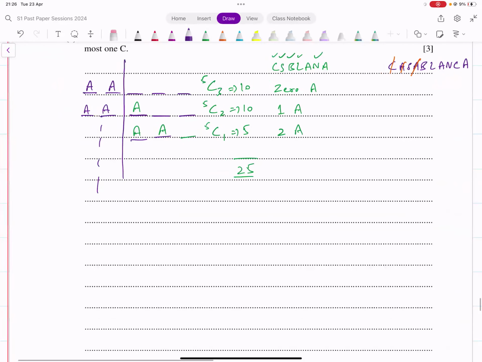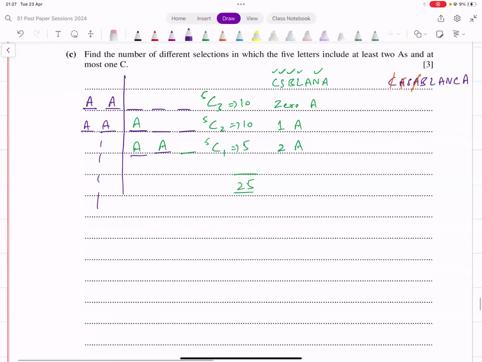Let's make the cases for the repeated letters, all possible cases which satisfy the condition, of course, at least 2 A's.